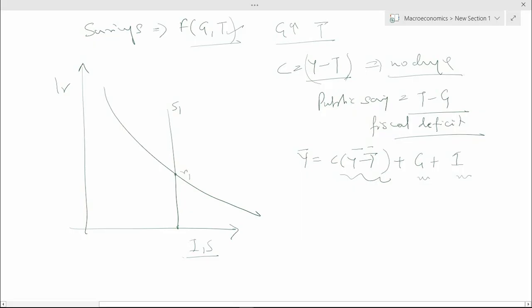Since output is fixed and tax is fixed, this does not change. With the change in government purchases, investment is going to change. An increase in government purchases would reduce investment if output has to remain constant.